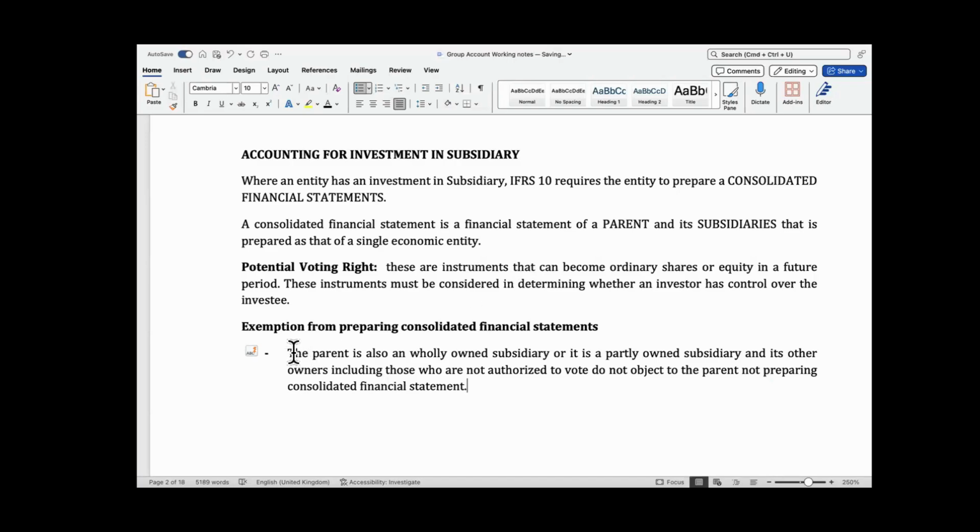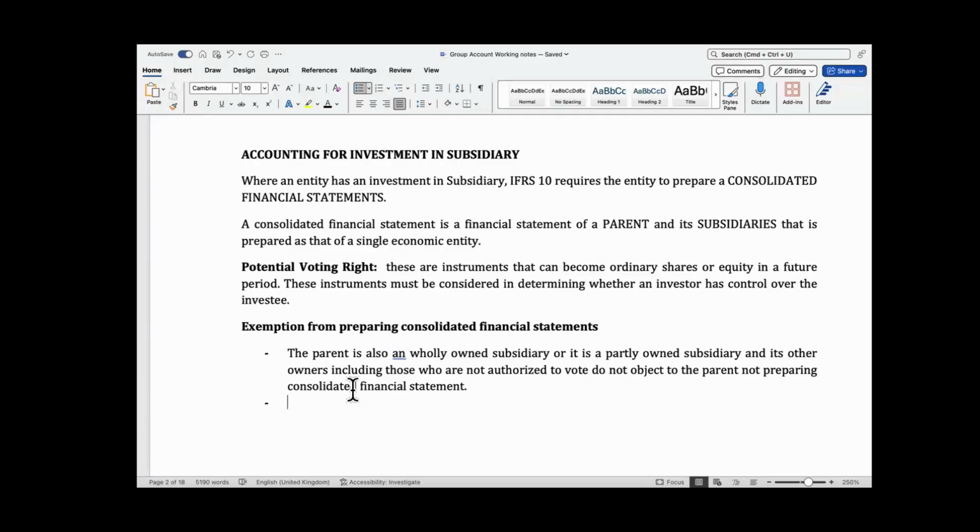It is long. You can just stop here and leave these other ones for them. But the point is this: the parent itself is a wholly owned subsidiary or is partly owned. Okay, it's partly owned. And its other owners, meaning the other people that own that parent itself, don't object to the parent not preparing consolidated financial statements. They are not objecting to it, because they believe that another person will prepare it. So in such case, he is exempted from consolidated financial statements.